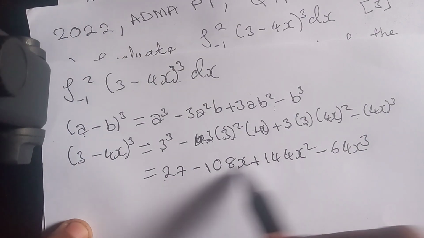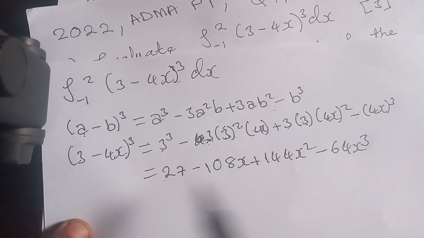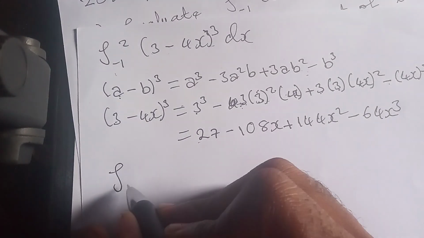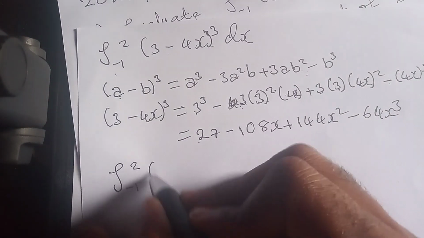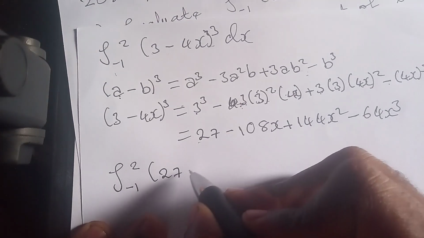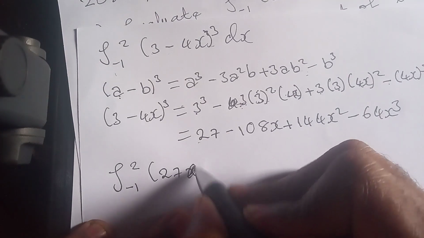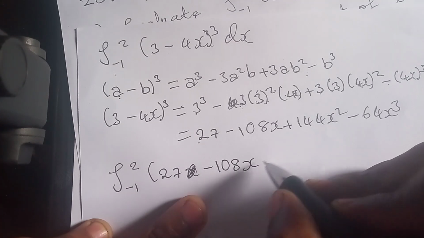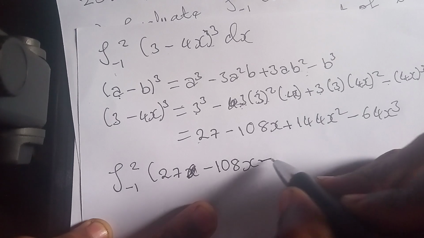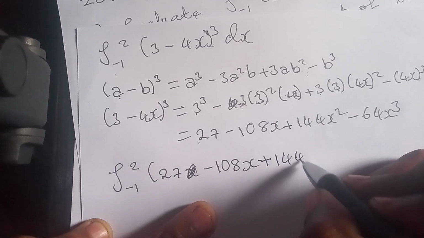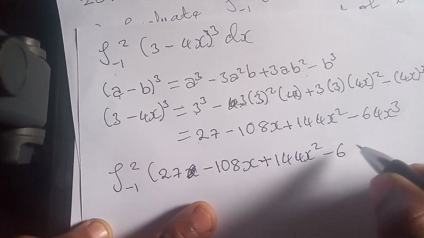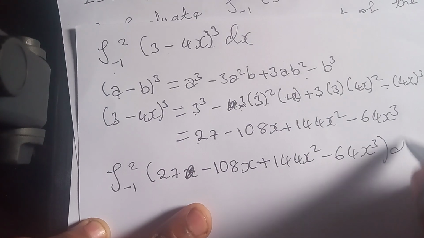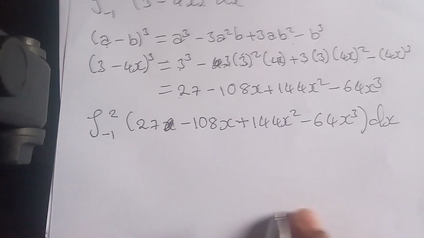So we are integrating this with respect to x from -1 to 2. So you can say the integral from -1 to 2 of 27 minus 108x plus 144x squared minus 64x cubed with respect to x.